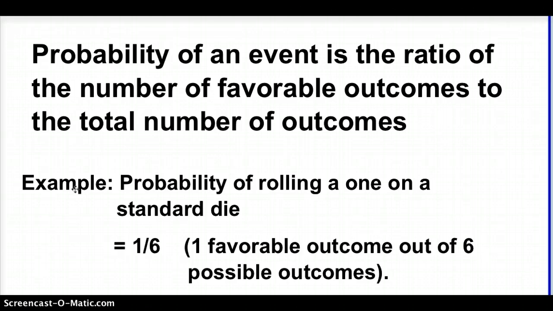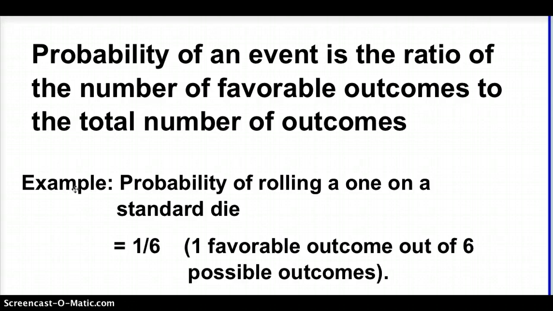That's the one favorable outcome because you're looking for a 1. And there are 6 total possible outcomes because there are 6 numbers and 6 sides on the die. So your probability of rolling a 1 would be 1 in 6 or 1/6.